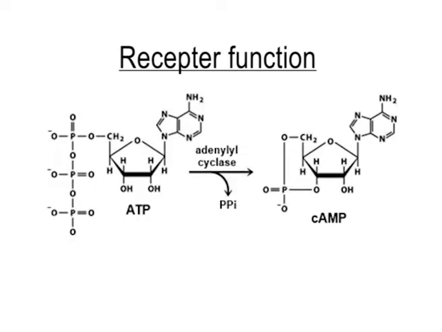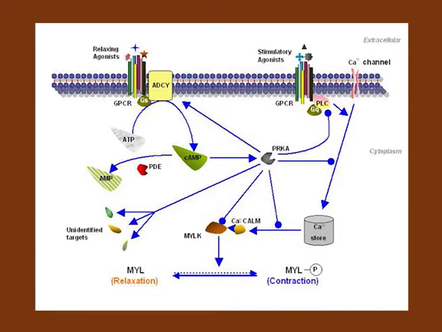There are three major effector pathways through which G protein coupled receptors function. Adenylyl cyclase, cAMP pathway: one type of G-alpha activates the enzyme adenylyl cyclase, which catalyzes the formation of the second messenger cyclic AMP.